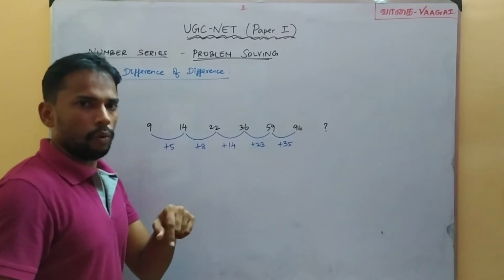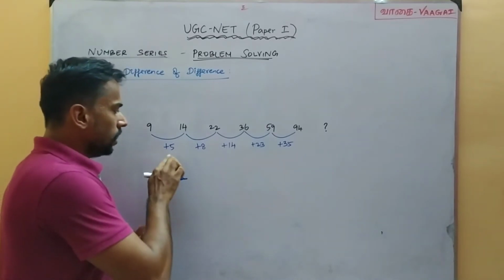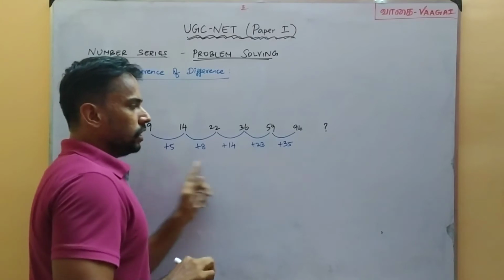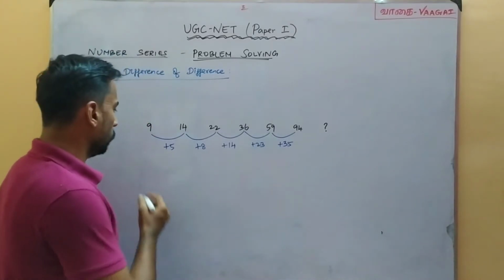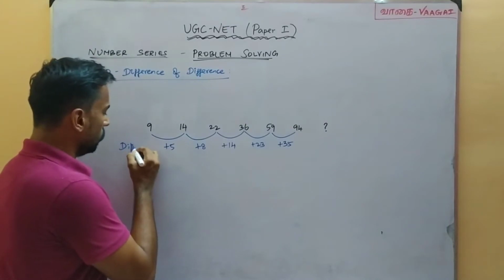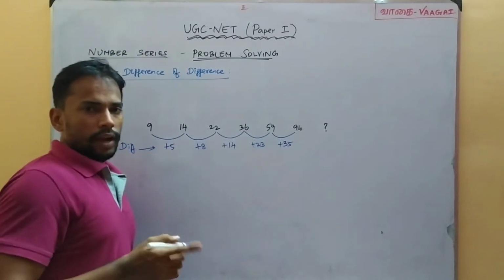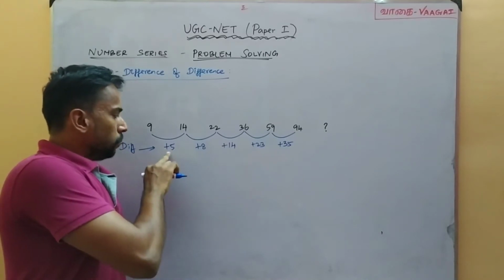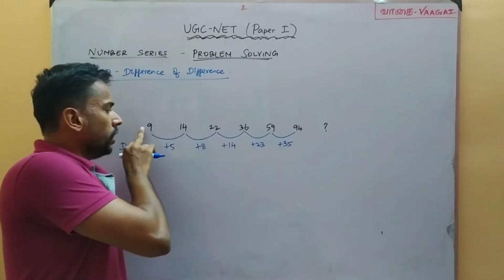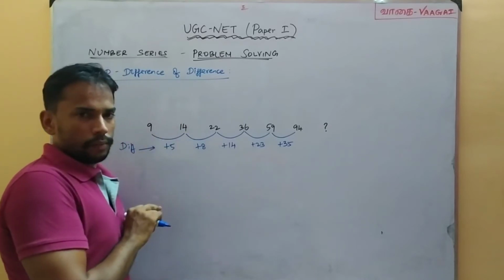So now let us see what the DOD is. Here, 5, 8, 14, these are all going to be the first level difference. Let me note it here, first level difference. You may ask why it is the first level difference. It is very clear: 9 plus 5 is 14.